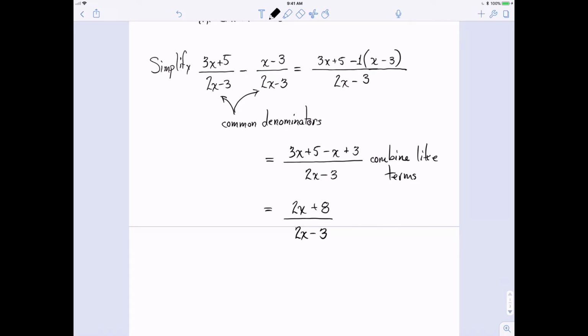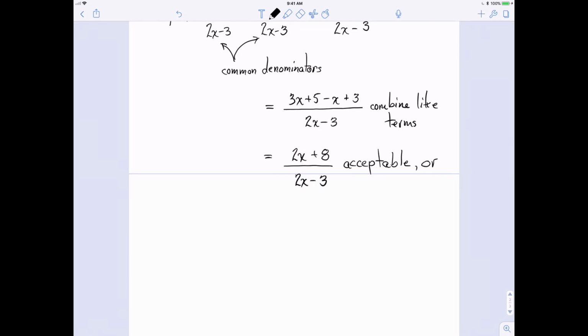Now, this is perfectly acceptable. Or, if you wanted, you could factor the numerator into 2 times (x plus 4). And notice that our denominator doesn't factor. It's just going to be 2x minus 3.